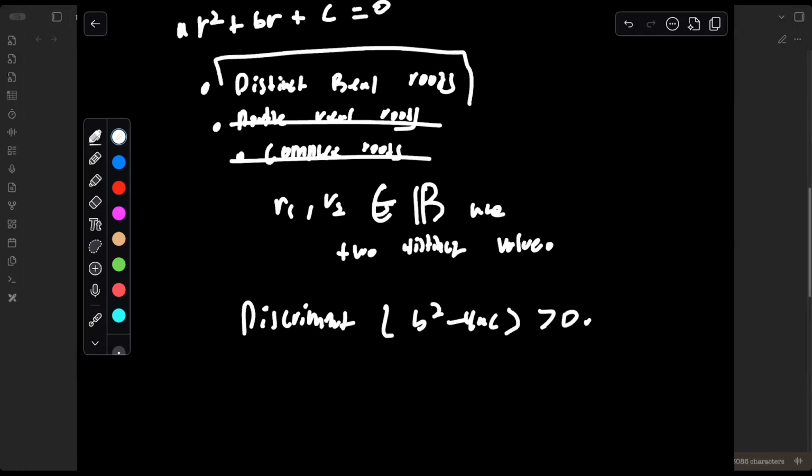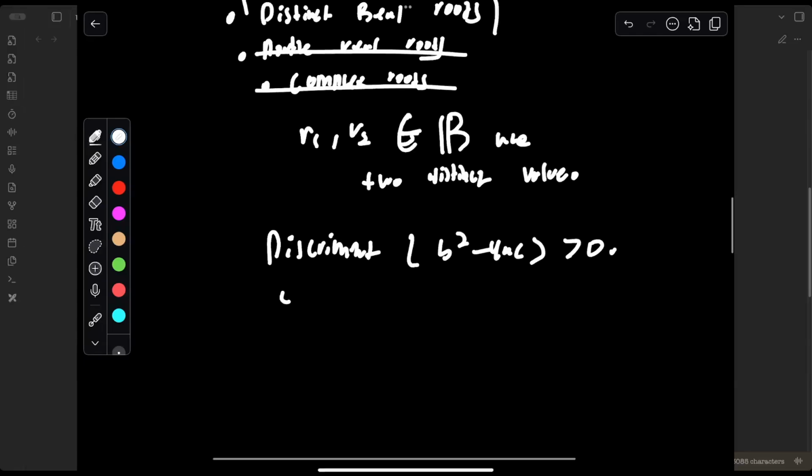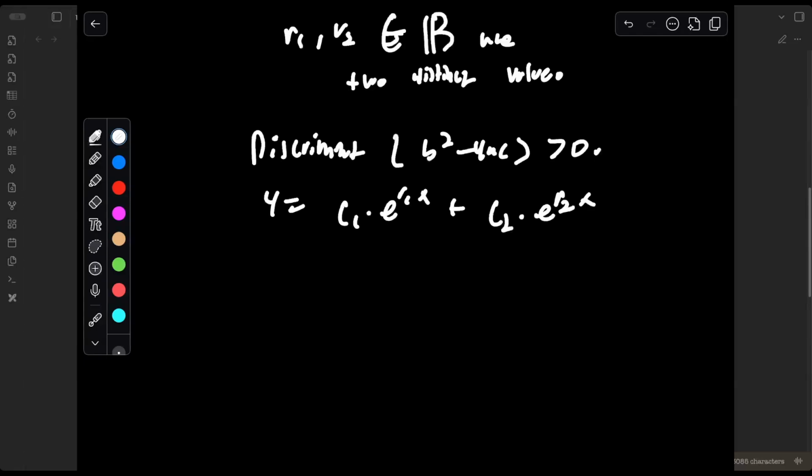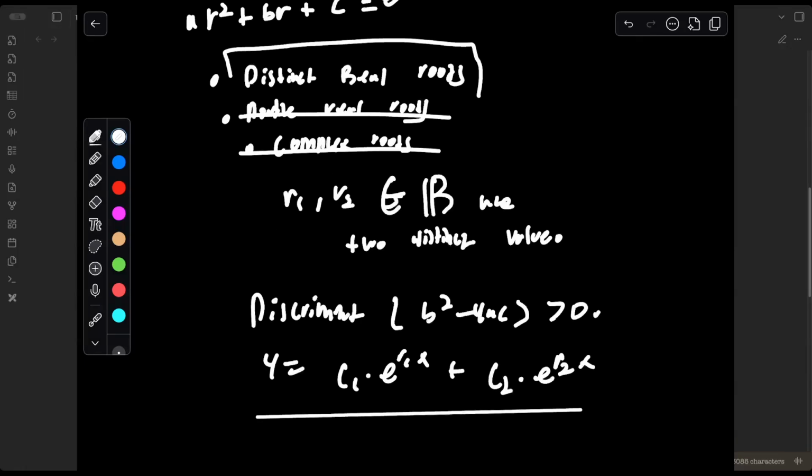Then we know that the roots r1, r2 are real and two distinct values. The general solution for that would be y equal to c1 times e to the r1x plus c2 times e to the r2x. With this general solution, we can apply it with the Wronskian.